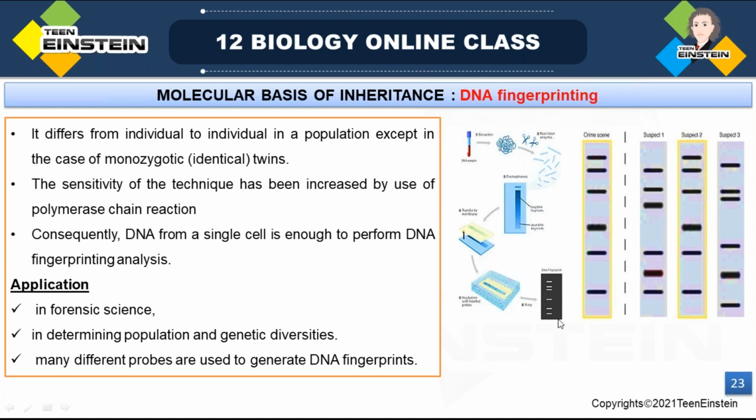The applications are in forensic science, and in determining population and genetic diversities we can use this DNA profiling, and many different probes are used to generate DNA fingerprints. Okay, got it? So that's all about DNA fingerprinting.